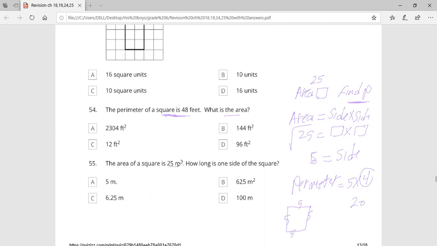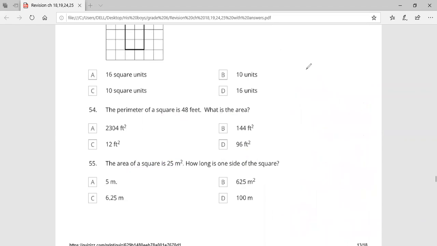Here is the opposite. The area of a square is 25. How long is the side of the square? Which number multiplied by itself? What does that mean? Square root. The square root of 25 is 5. Yes, like this. And sometimes we find the perimeter. I do it like this, 5 multiplied by 4, we get 20.